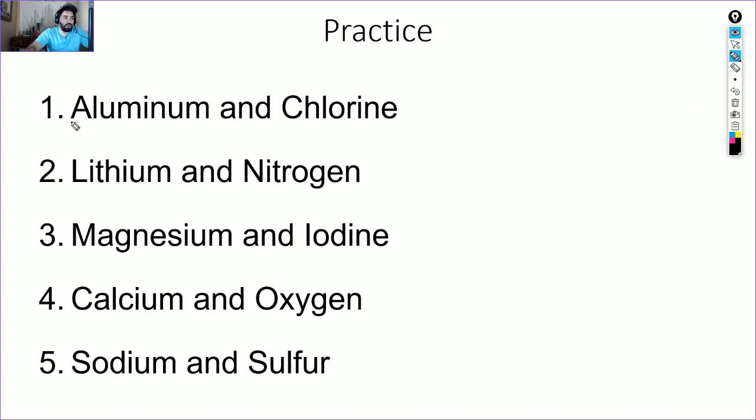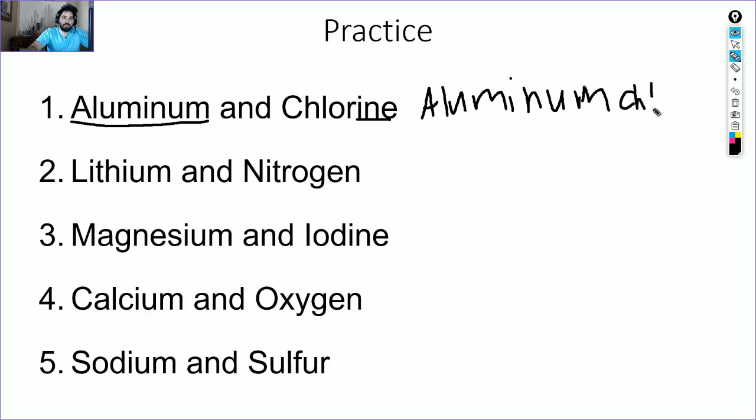You write the name of the metal first, aluminum. And then the non-metal second, but you have to write the "-ide" version of the non-metal. Right, so this is aluminum chloride, and that's your answer.